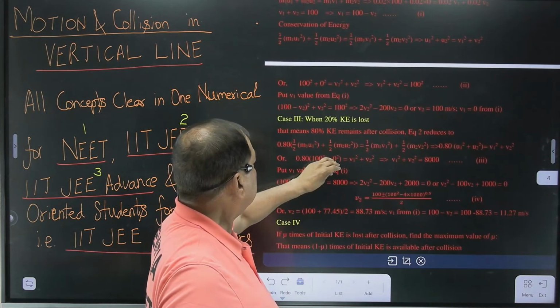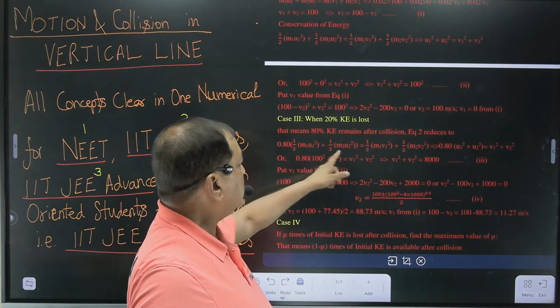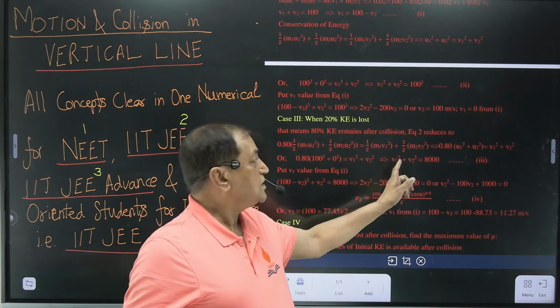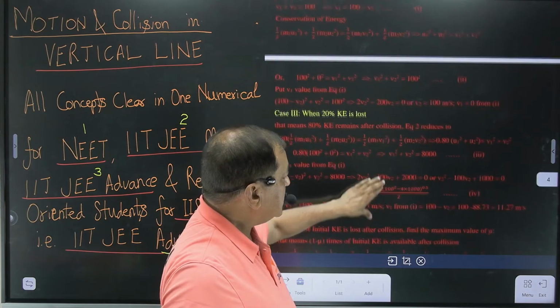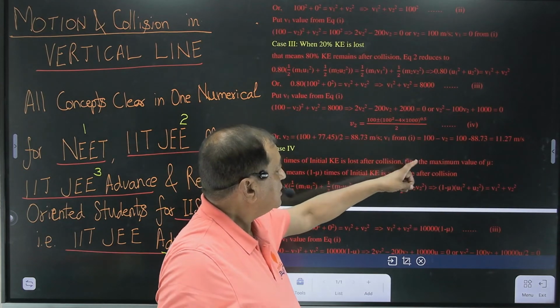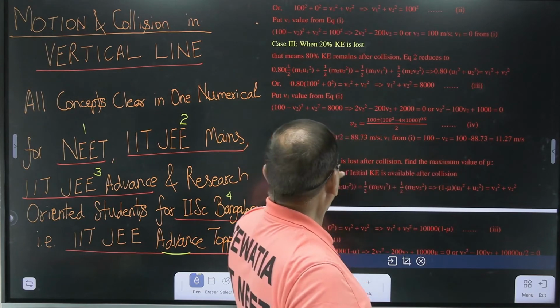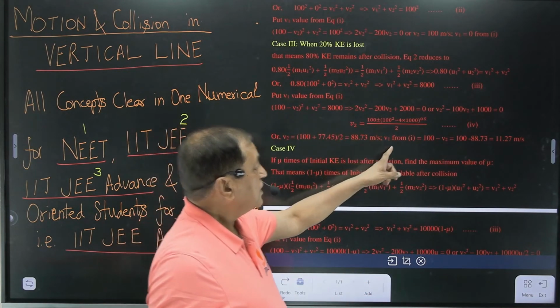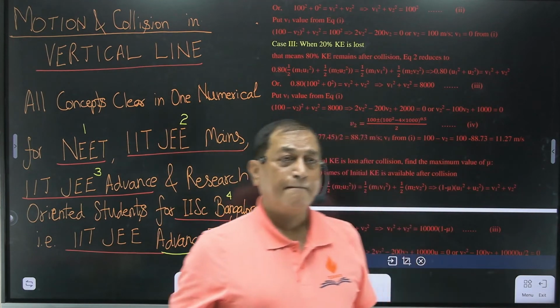So earlier, this 0.80 of initial kinetic energy is equated to final kinetic energy, and again it is solved for v1 and v2, and we get this answer: v2 is equal to 88.73 meter per second and v1 is 11.27 meter per second.